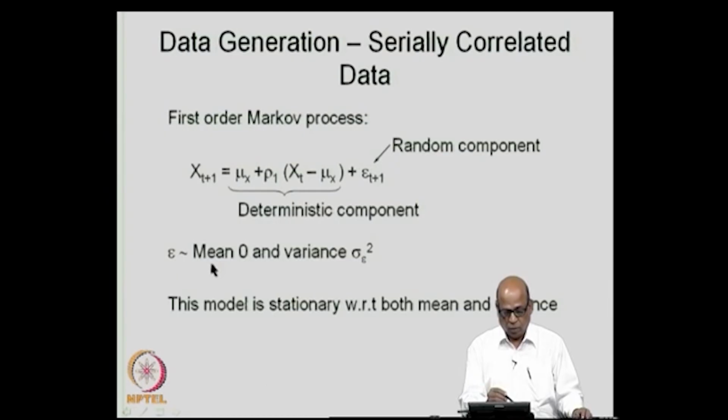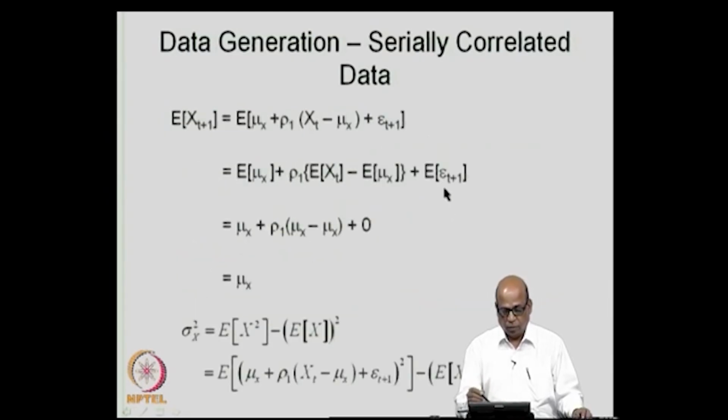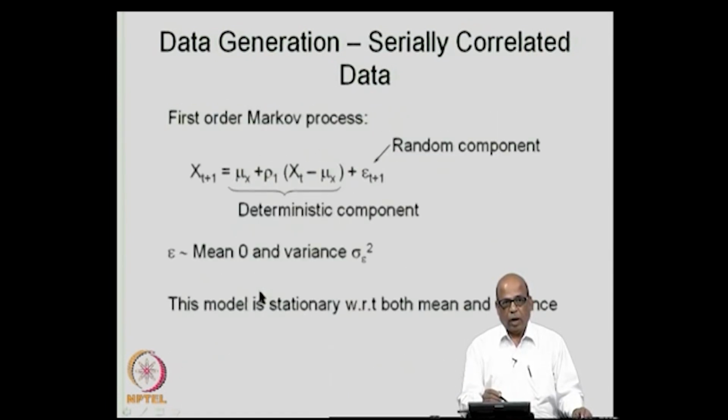This is what we have used, epsilon has a mean of 0. So, this value becomes 0 and this becomes 0, because this is mu x minus mu x and this is mu x itself. So, expected value of x t plus 1 becomes mu x. So, the model as defined by this will have the same expected value as the long term mean mu x, which is stationary.